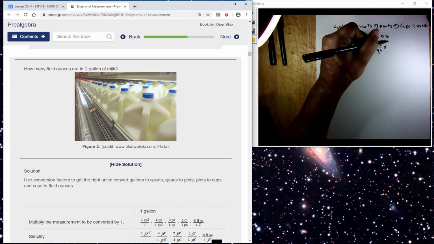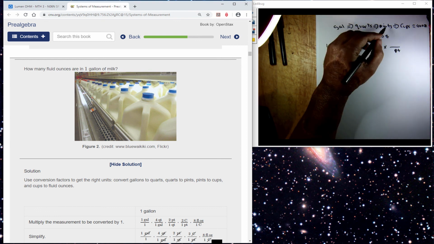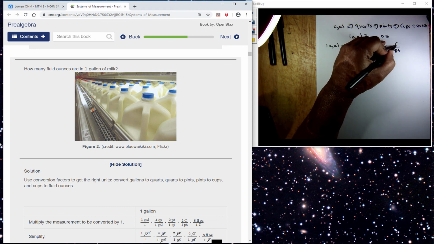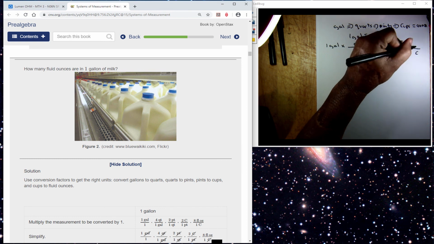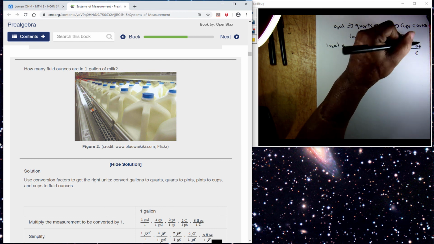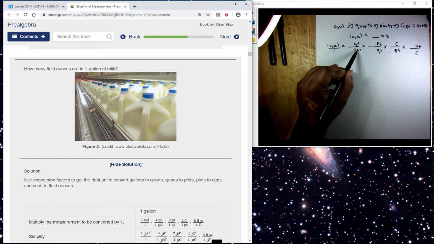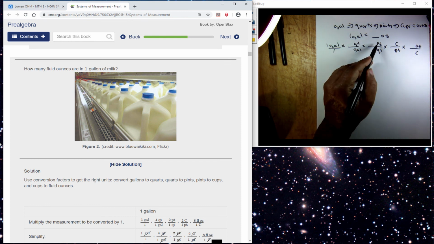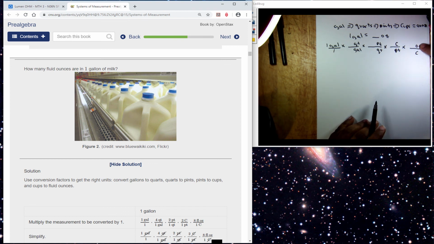I want pints to cancel out, and I want to replace pints with cups. Then I want cups to cancel out and replace that with ounces. So I want gallons, quarts, pints, and cups to cancel out. So everything will be in ounces.